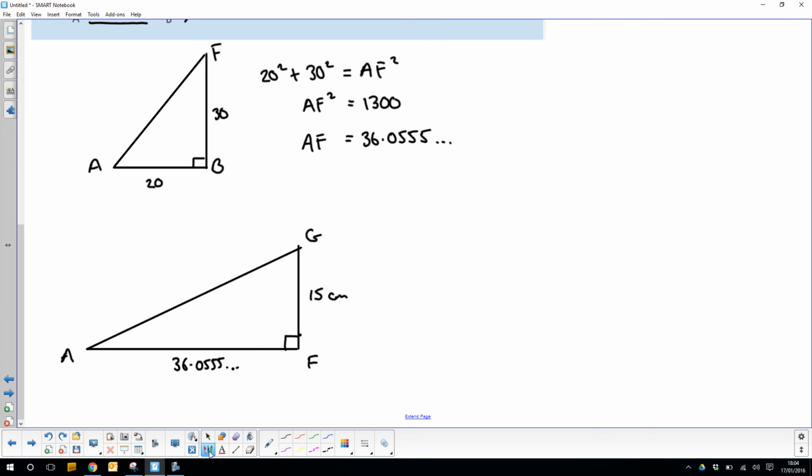We have a squared plus b squared equals c squared, which I should have written last time. So 36.0555 squared plus 15 squared equals the length we're trying to find, the hypotenuse, AG squared. Luckily I haven't pressed anything on my calculator, so I've still got the full length of AF.